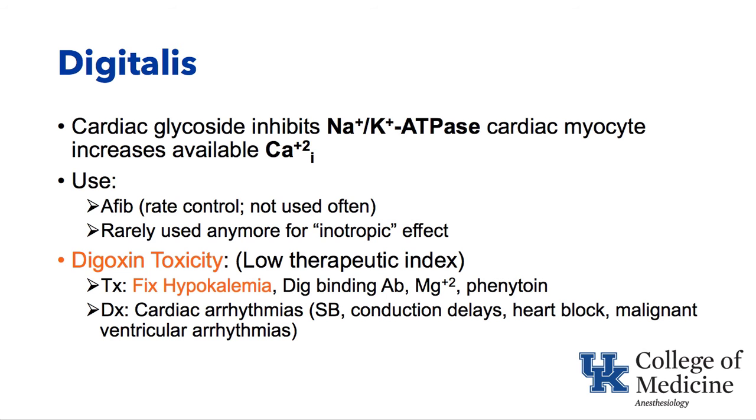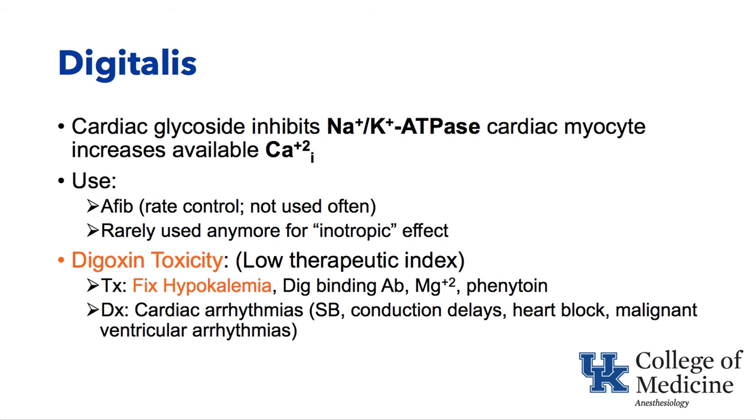However, digoxin is occasionally still used and has a low therapeutic index and is associated with toxicity, and we need to know how to treat that. The diagnosis of digoxin toxicity is often associated with cardiac arrhythmias. For example, sinus bradycardia, conduction delays, heart block, bad ventricular dysrhythmias.